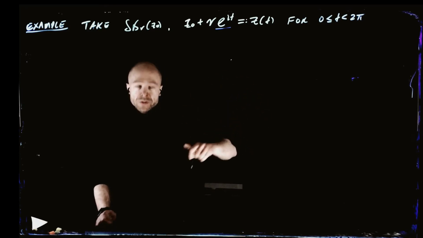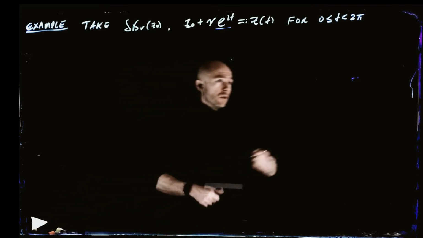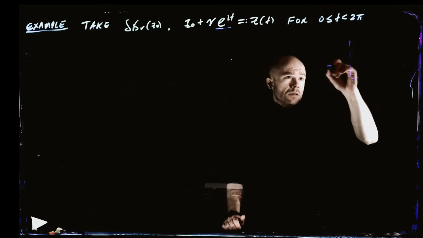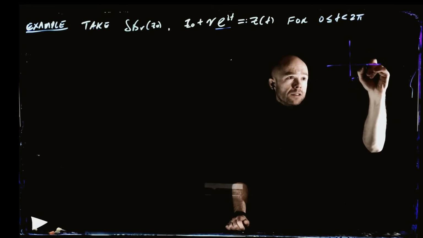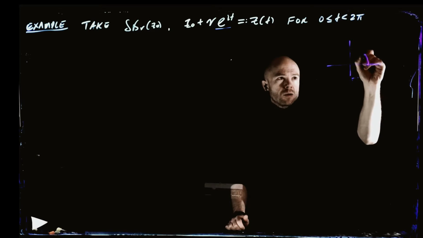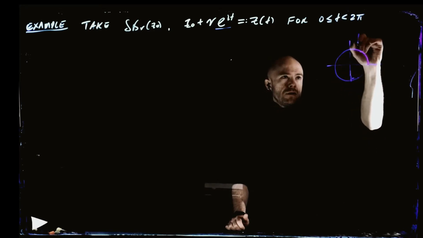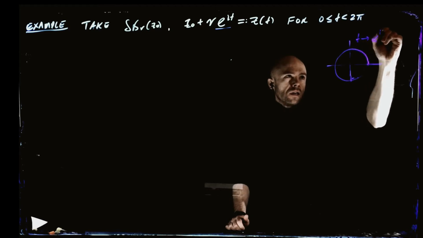Yeah? So let's just draw a picture just to nail it down. So e to the it starts here. When t is 0, we're right here. And we go anti-clockwise around. This is what e to the it does. Right? t goes to e to the it.